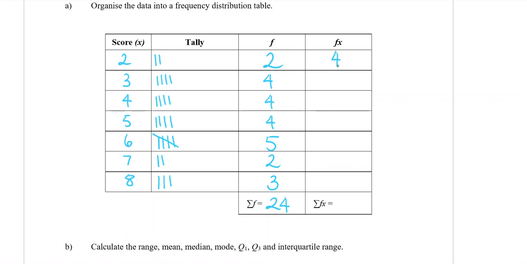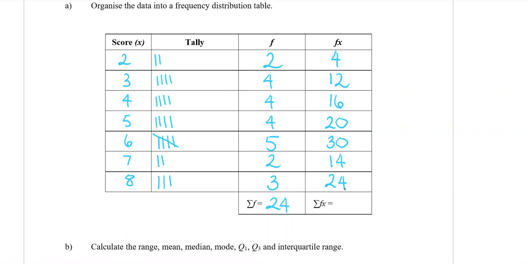You're doing 3 times 4 makes 12. The next one's 4 times 4 makes 16. The next one, 5 times 4 makes 20. 6 times 5 makes 30. 7 times 2 is 14. 8 times 3 is 24.